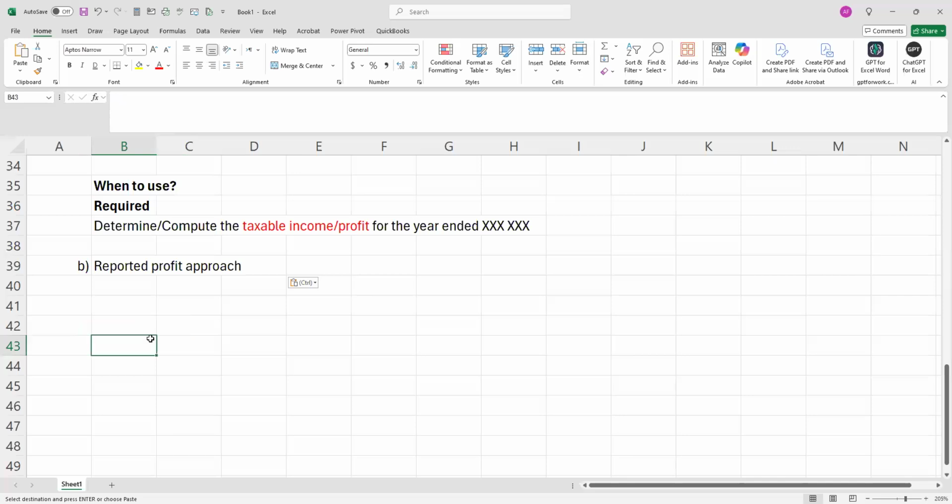The whole idea of the reported profit approach, my good students, is for us to understand that the financial accountant has prepared the books. Once this has been prepared, the next thing you do, as a tax accountant, is to analyze what the financial accountant did.